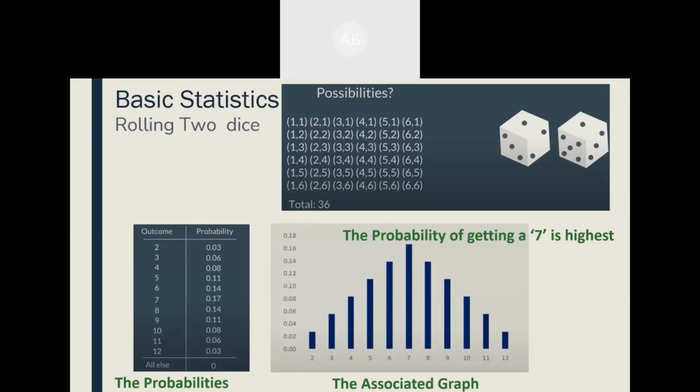So see, with only two dice, the picture changes quite significantly. If you roll two dice, then you get a total of 36 different combinations, as you can see on the screen.